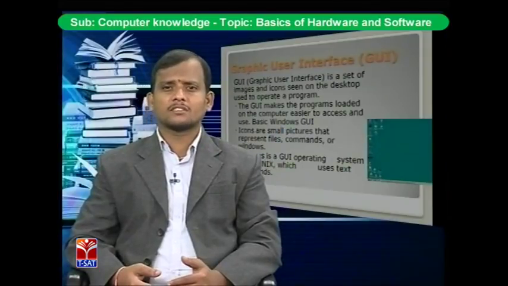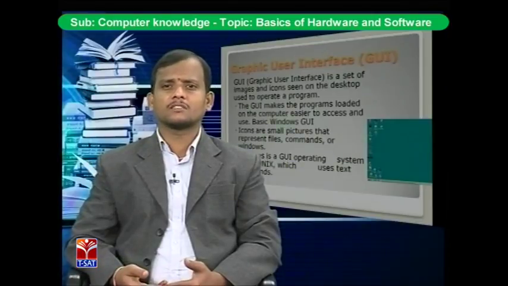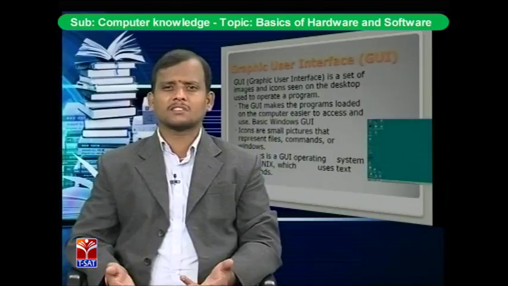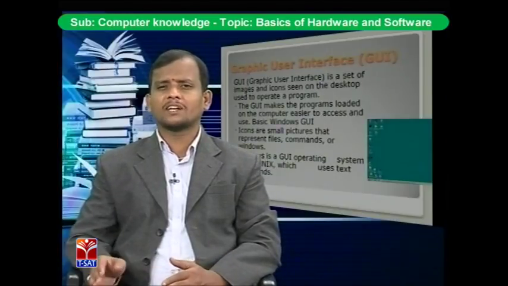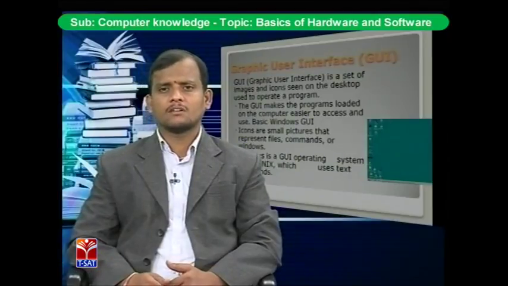GUI, operating system, Unix. When I say operating system, that might be a Unix operating system or a Windows operating system. There are different kinds of operating systems, but we won't get into the operating system concept because it is something different.